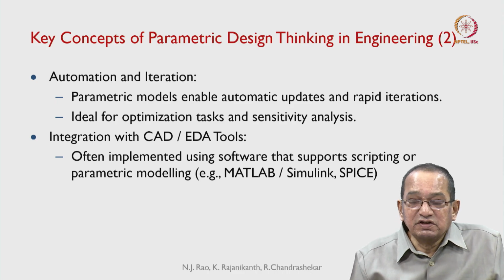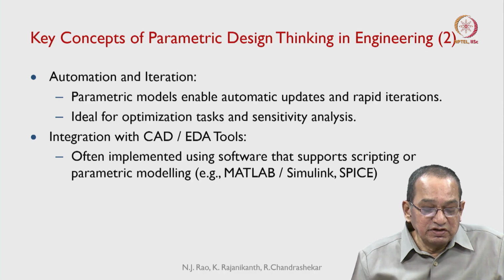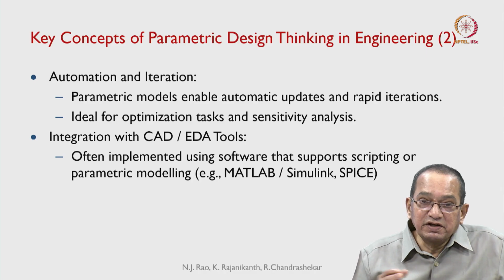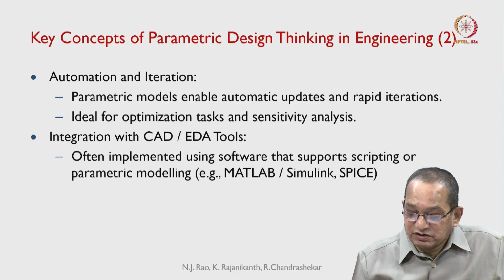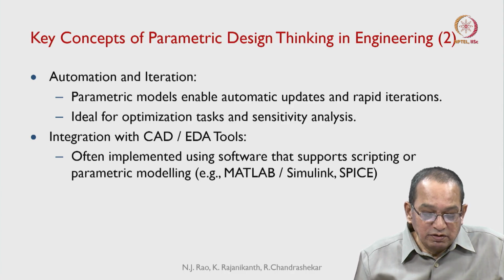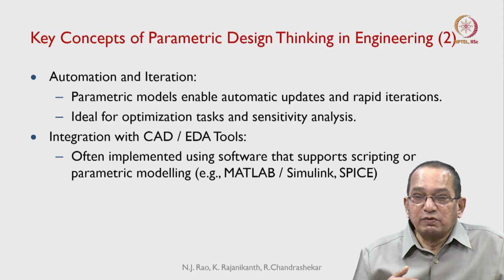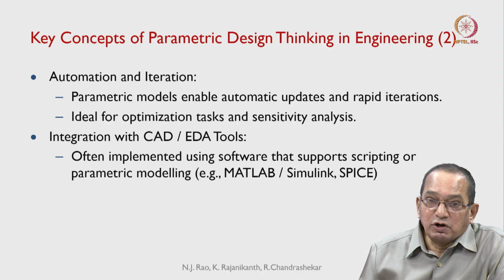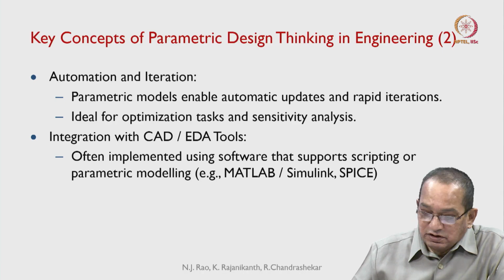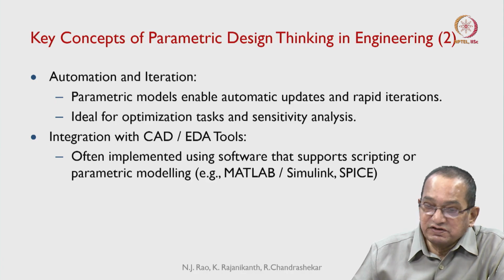And often these tools all get integrated, that is, integration with CAD and EDA tools. So, often implemented using software that supports scripting or parametric modeling. One should be able to write a script to run through iterations automatically and plot perhaps the performance. So, there is a lot of automation involved in such parametric design thinking ideas. One could use tools like MATLAB, Simulink, Spice.